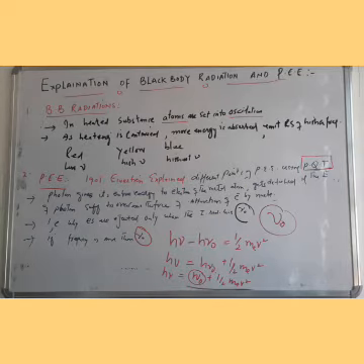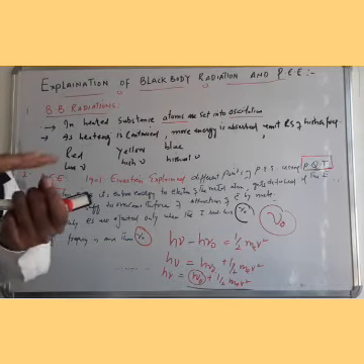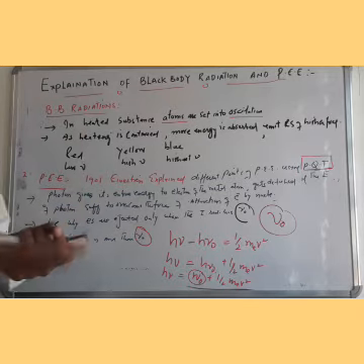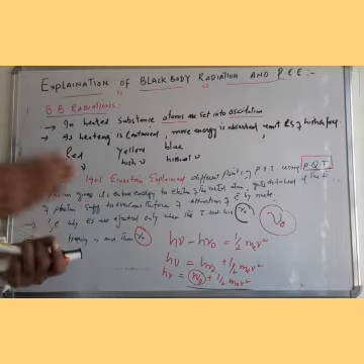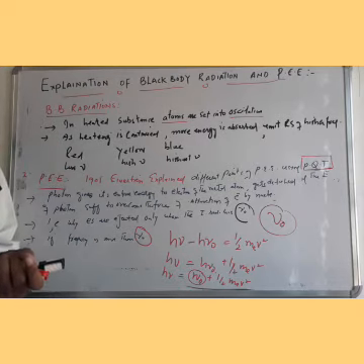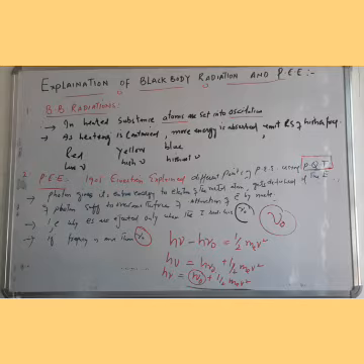The third point was that by increasing the intensity of radiation of a particular frequency, the number of photoelectrons increases. Why so?